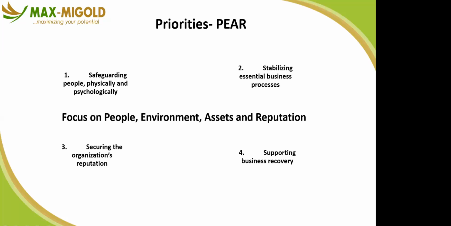We need to also ensure that the business can recover, by ensuring that the violations, especially environmental violations, are at the minimum, if there's anything like that. And of course, the security of life and properties, kidnapping issues, and all those things, theft.